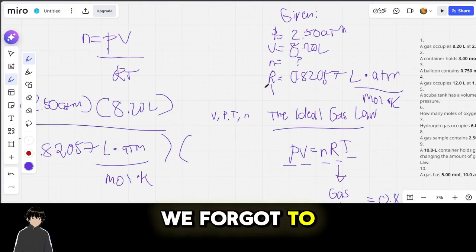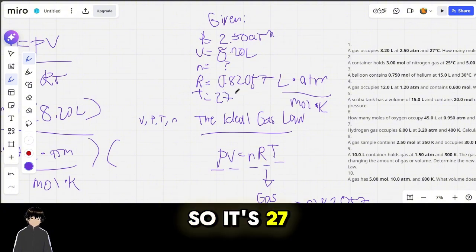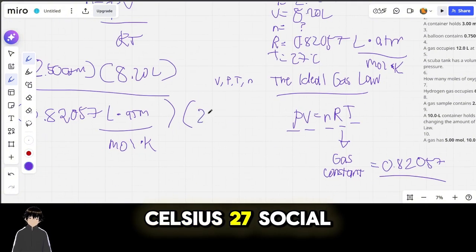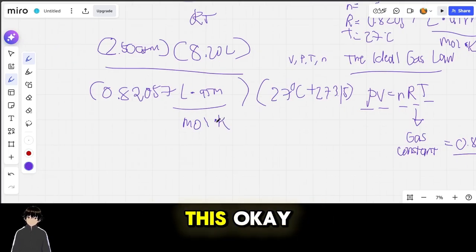We forgot to include the temperature. So it's 27 Celsius plus 273.15, which gives us this.